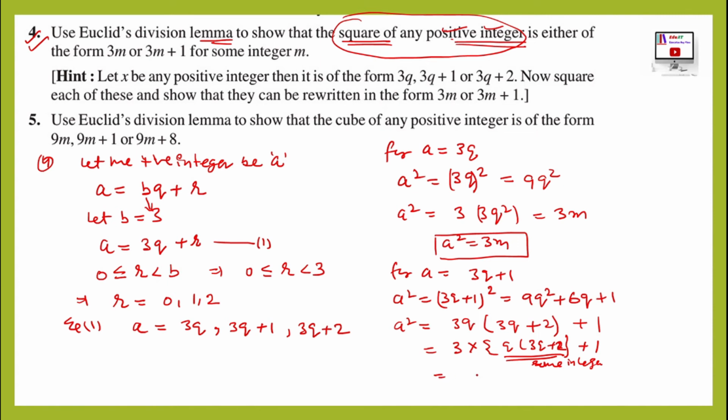So this is of the form 3, let some integer be m, 3m plus 1. So a square is of the form 3m plus 1.